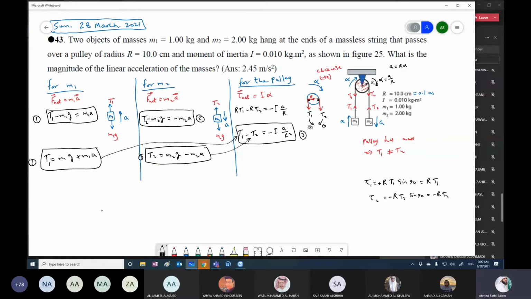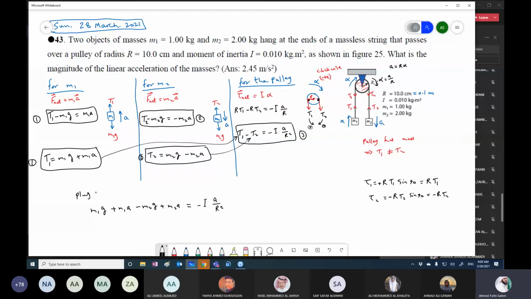Is it clear, guys, what we'll be doing? We'll have M1G plus M1A minus M2G plus M2A. All of this equals minus I multiplied by A over R square. So this is one equation.